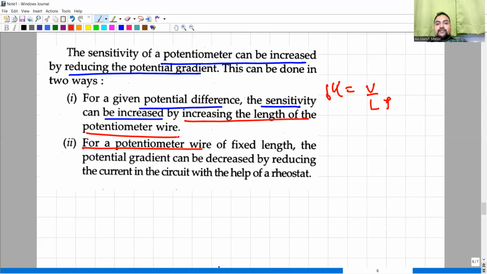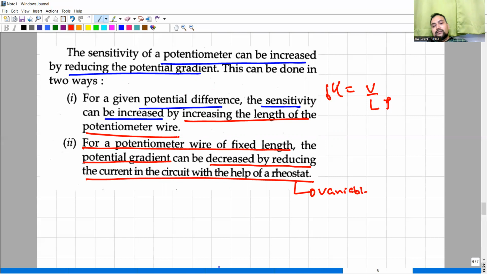Then, for a potentiometer wire of fixed length, so you cannot increase the length any further, the potential gradient can be decreased by reducing the current in the circuit with the help of a rheostat. You know what a rheostat is? A rheostat is a variable resistor. So you can use a rheostat to decrease this value.